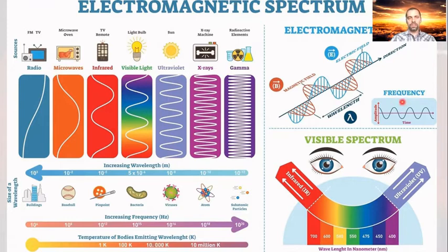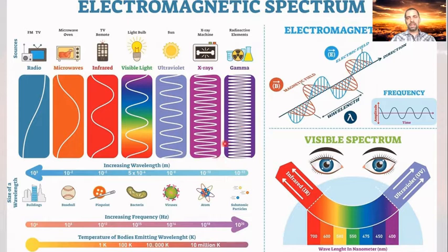The lower the frequency, the longer the wavelength and vice versa. This inverse relationship can be seen on the left side. In this direction the wavelength, and in the other direction the frequency, is increasing. And with the frequency, the energy is increasing as well.